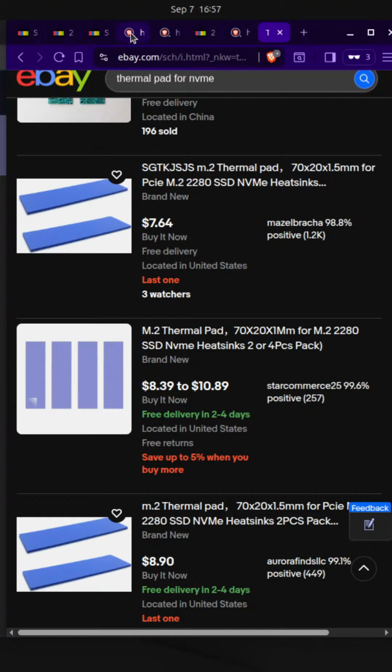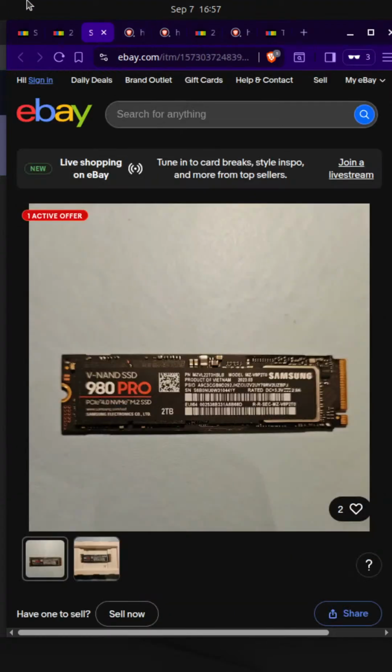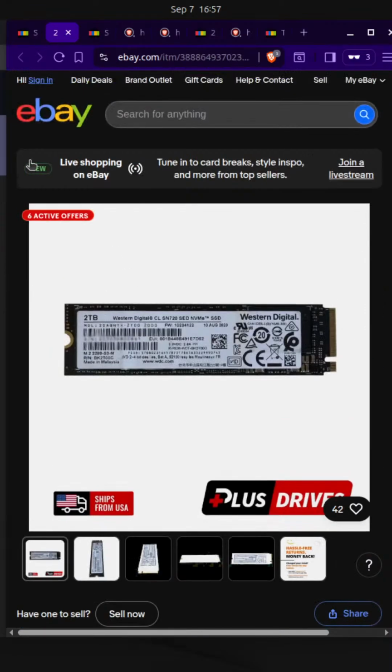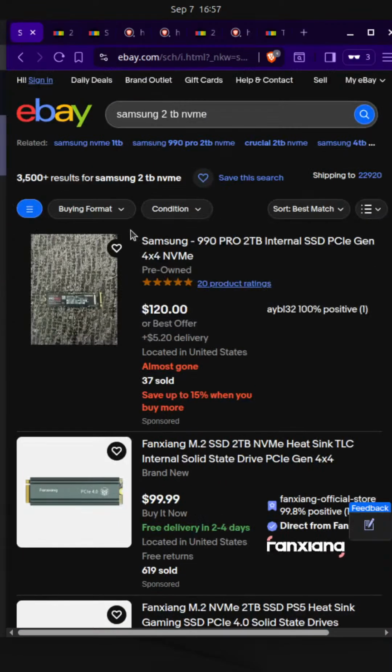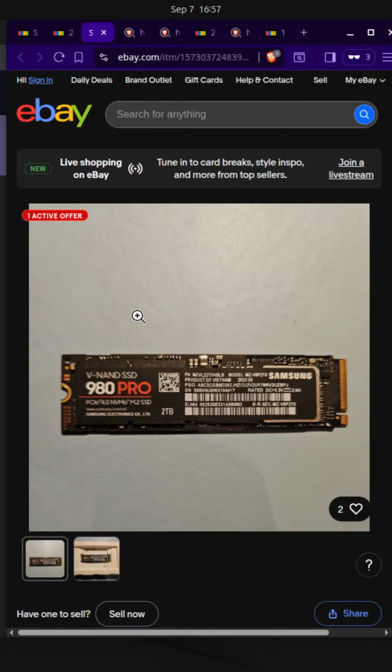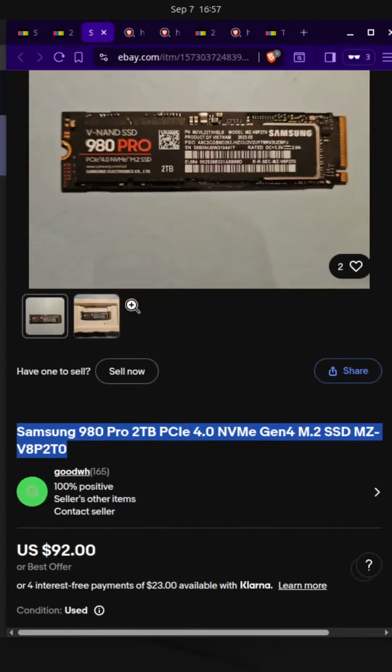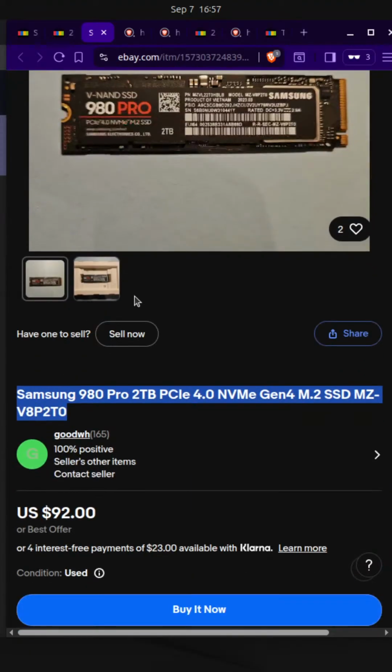Or are they specific? Thermal pad for... What did I... Oh, no. I want to cancel this. Oh, wait, no, okay. I don't even know if I ordered this one.